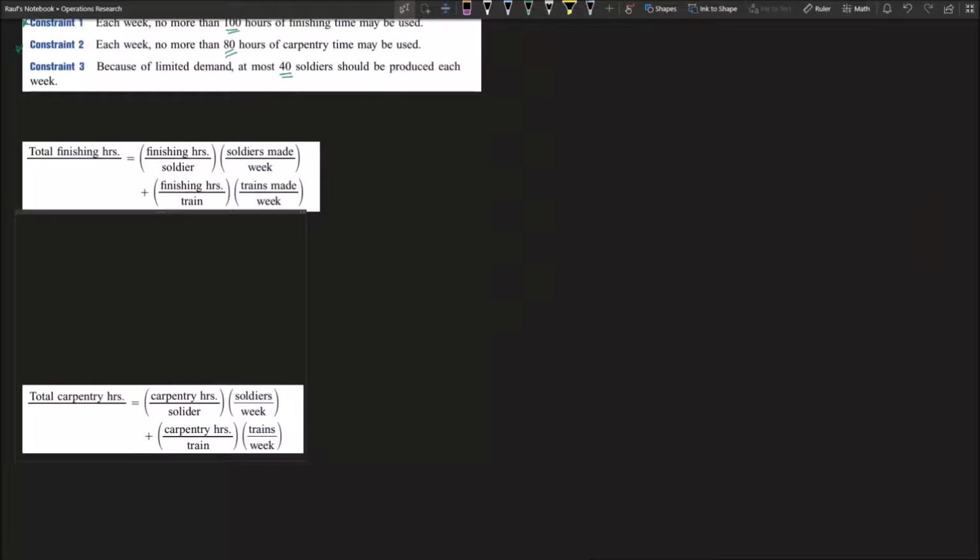And that can be represented in variables form, or in numbers and letters. So that can be 2 multiplied by x1 plus 1 multiplied by x2, and this can be said to be 2x1 plus x2. That's the finishing constraint.